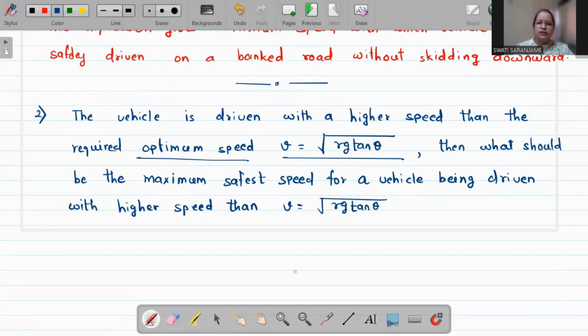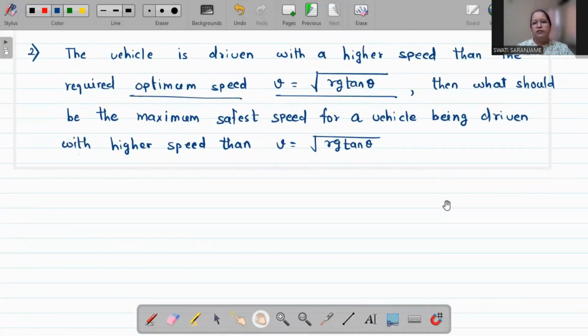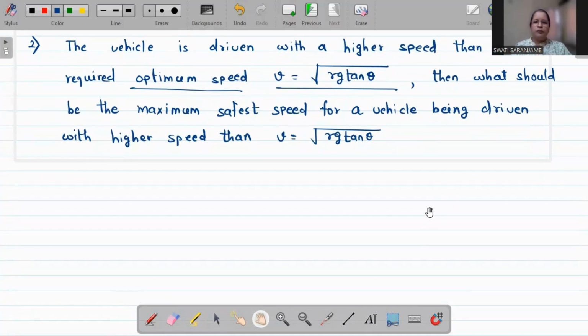To understand this, what should be the maximum speed that the vehicle should take so that it is not thrown off that banked road?